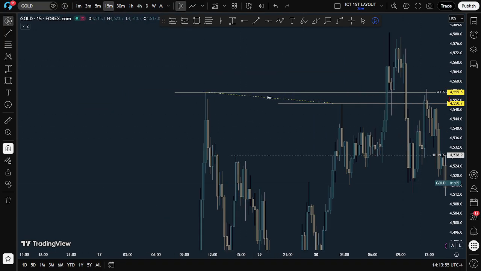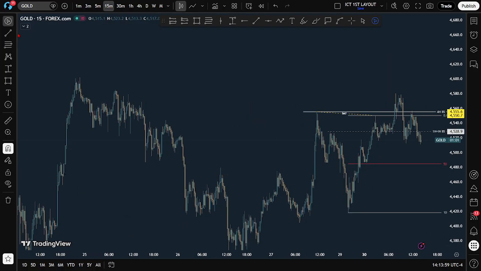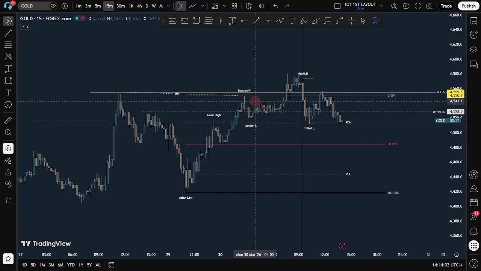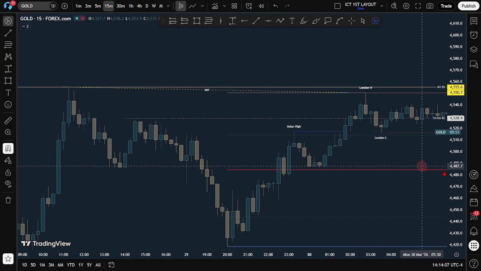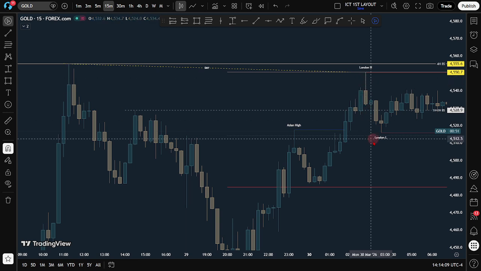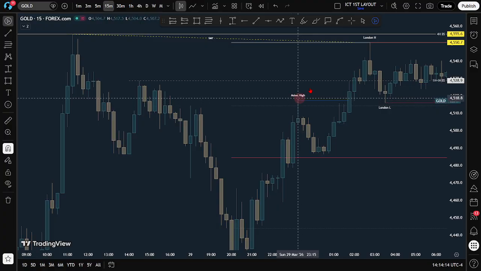So with this one here, I went to the 15 minutes personally because I'm going to look for the 15 minute Asia high, Asia low, or London high, London low. But you can see that at the time I caught this trade, price had already swept the Asia high. I would want price to sweep Asia high and reverse. But when price swept the Asia high here, it kept on going up.